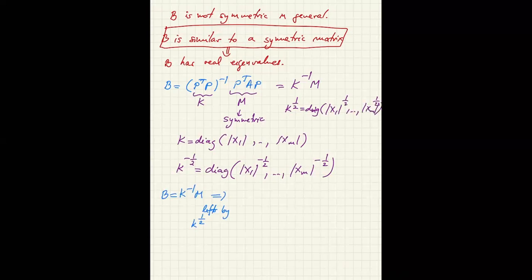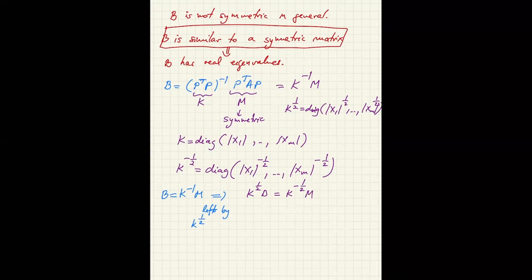So you multiply to the left by K to the 1/2, and you get K 1/2 B. When K to the 1/2 and K to the minus 1 meet, you get K to the minus 1/2 M.